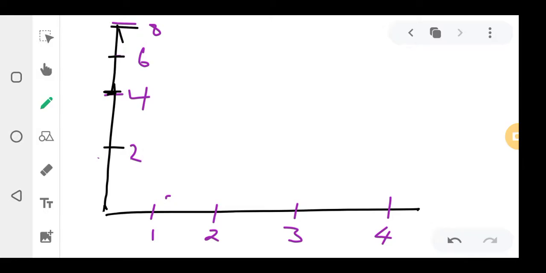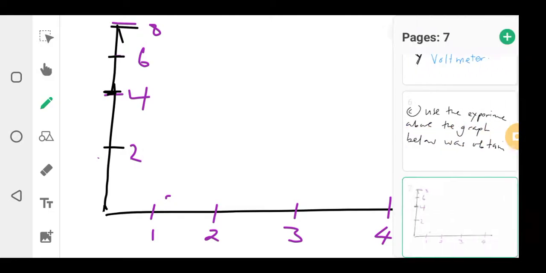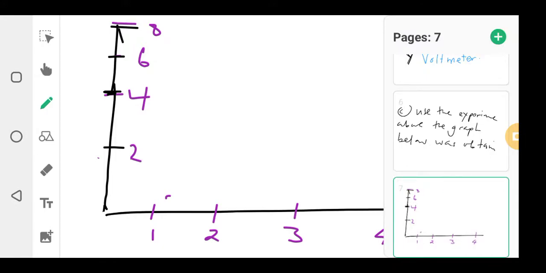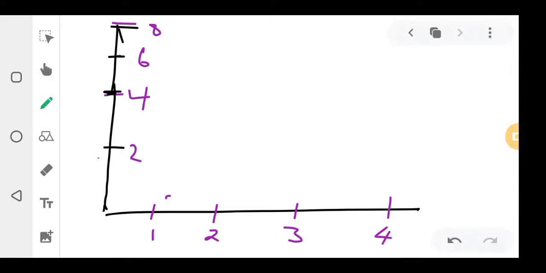So down there, what is there? You need to know the parameters that are present down and the parameters that are present on top. Down is current, measured in ampere.